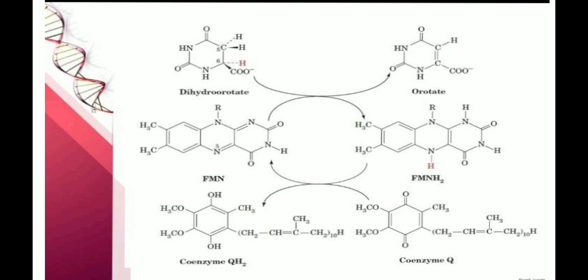It is an integral membrane protein located on the outer surface of the inner mitochondrial membrane, where ubiquinone supplies its oxidizing power and gets converted to its reduced form. The other 5 enzymes of pyrimidine nucleotide biosynthesis are cytosolic in animal cells.